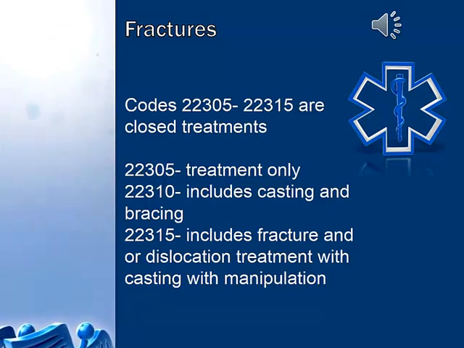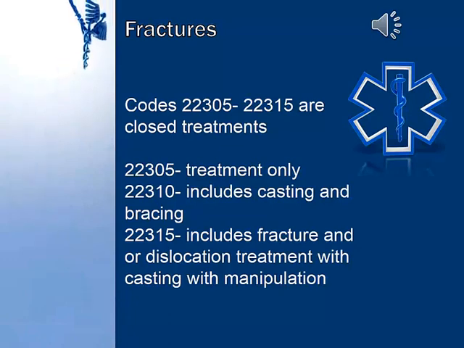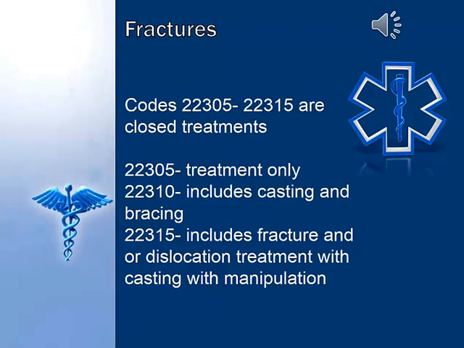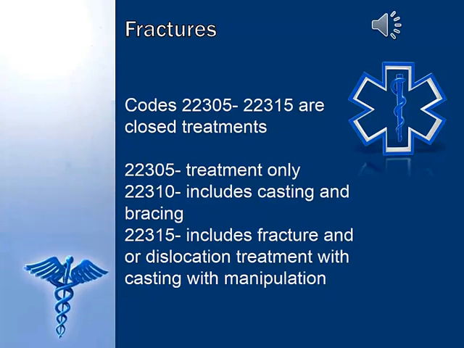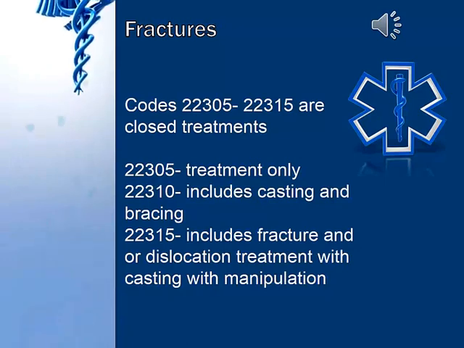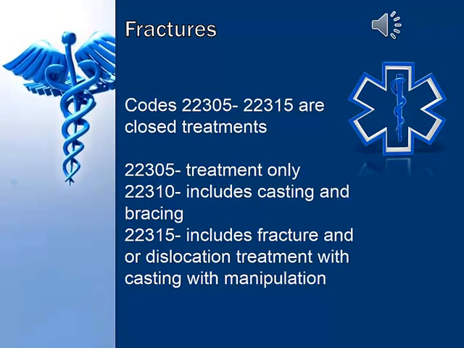In other cases, if a fracture is being treated at the same location as a dislocation and there are different codes involved, you would code for the fracture only. That's just the FYI situation. And this particular code includes the casting or bracing, and it also includes, again, the manipulation or traction.